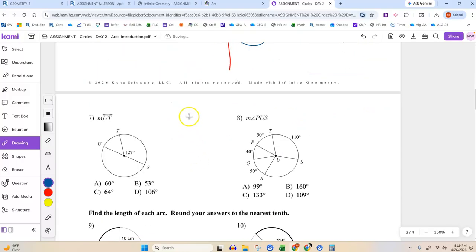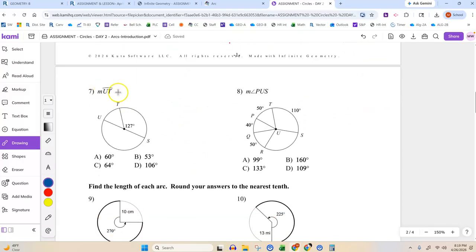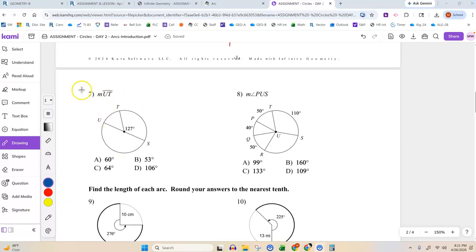All right, so what next? UT, we're looking for UT. Let's see. Okay, so now we're looking at number 7, which is the measure of UT. So what is that? Well, it is just from here to here, but you might say, well, how do I get that? I only have 127, right? Well, remember, this is a straight line, so this is the diameter.